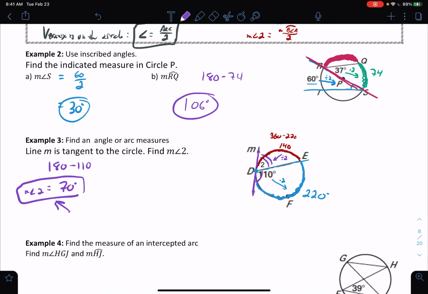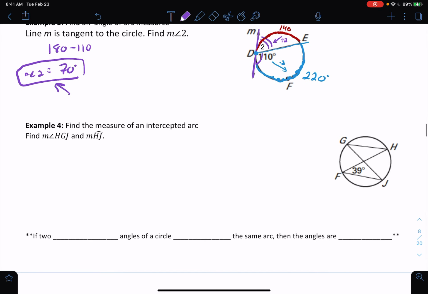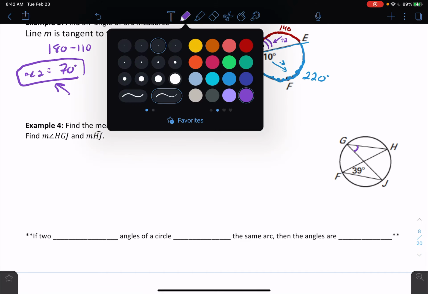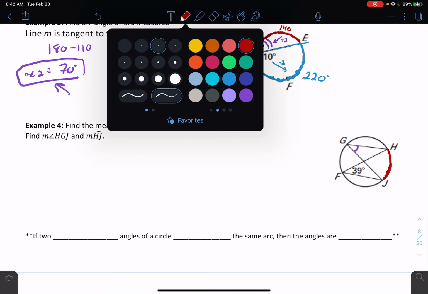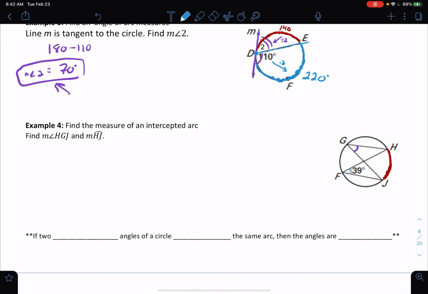And then lastly, example 4. We're trying to find the measure of arc HJ and the measure of angle HGJ, this angle right here. All I've got is this angle of 39.